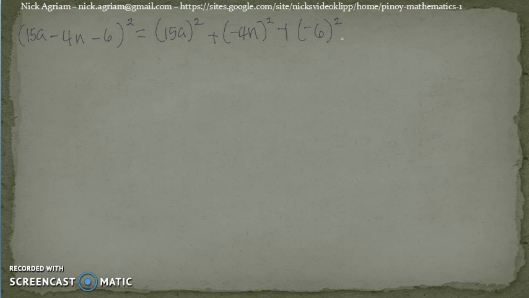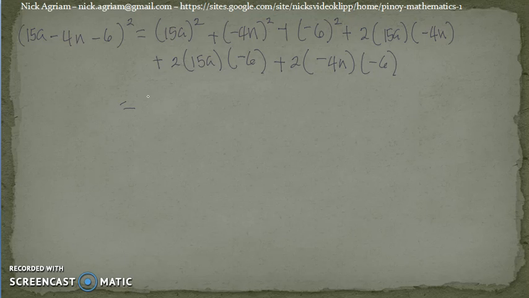And then we have 2 multiplied by the first term, 15a, multiplied by the second term, plus 2 multiplied by the first term, multiplied by the last term, that's negative 6. And then plus 2 multiplied by the second term and the last term.